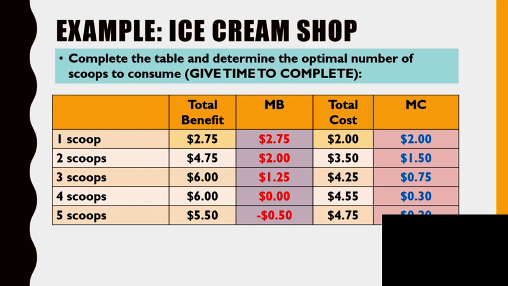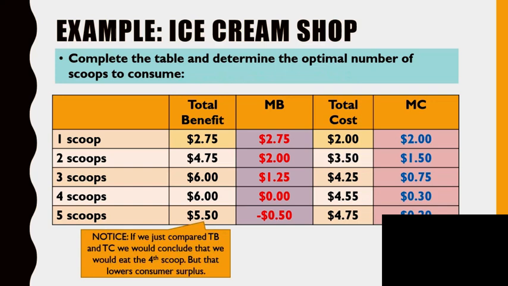Hopefully, you're not having any problems. I want to point out that we have negative marginal benefit for 5 scoops. Everyone see that? So I'm actually worse off if I eat a 5th scoop, right? That's like having 1 too many slices of pizza and you now feel like you're going to puke, or people who drink 1 too many beers and now all of a sudden they start feeling sick.